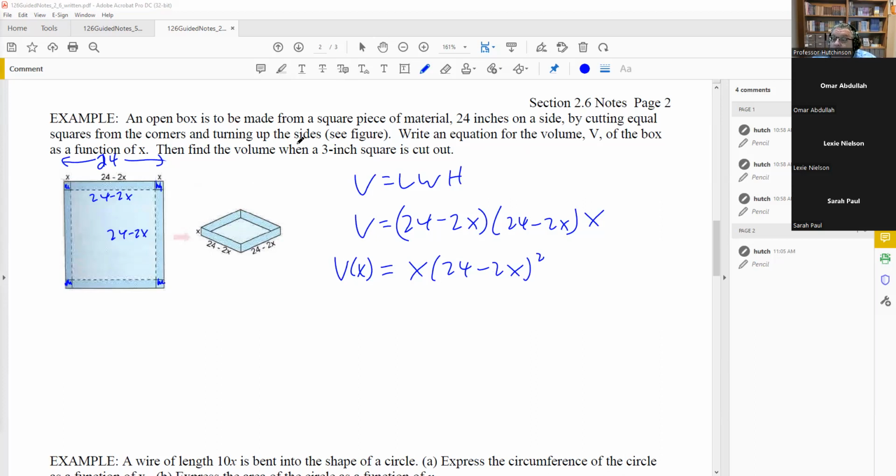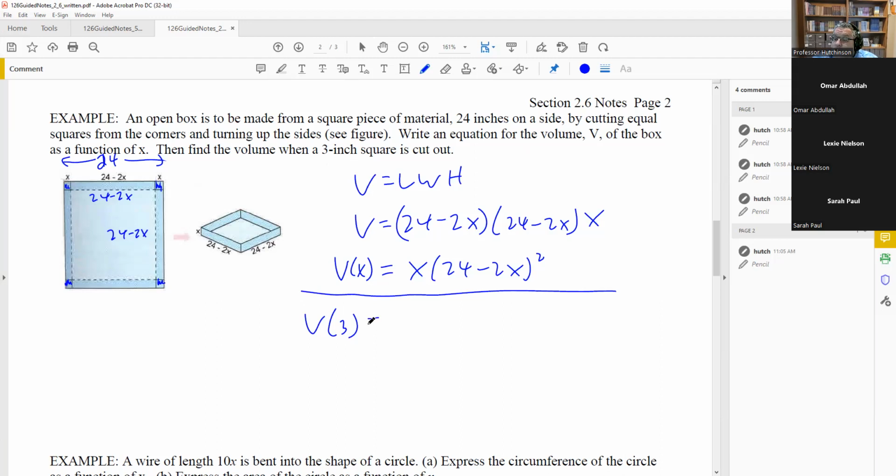It says then find the volume when a 3-inch square is cut out. Now we have the formula, so all you have to do is put a 3 in there for x. x represents how high the box is, the part you're cutting out.